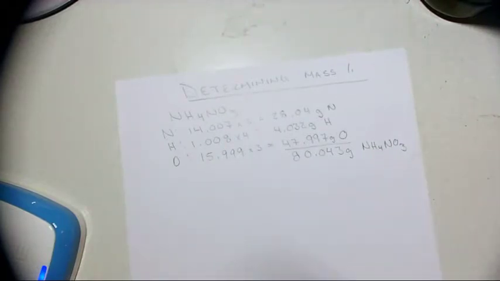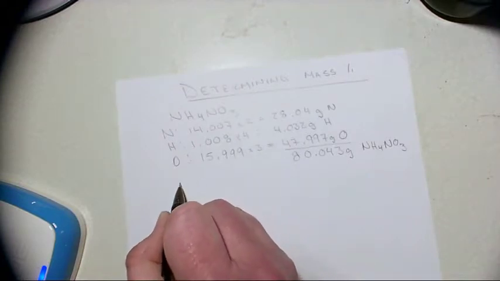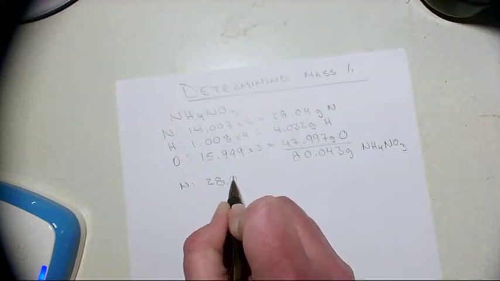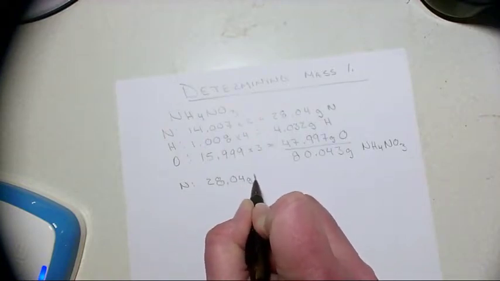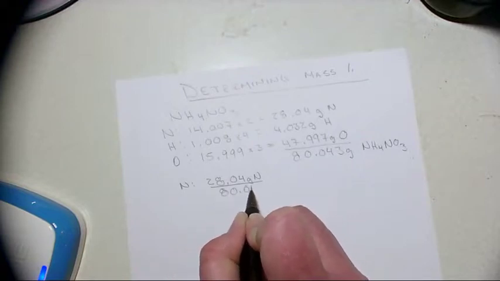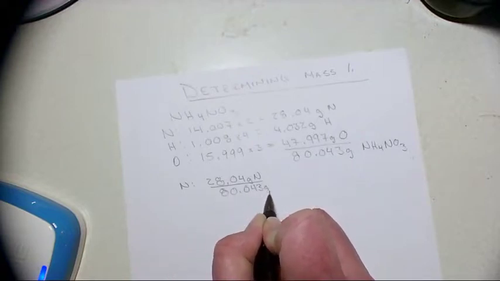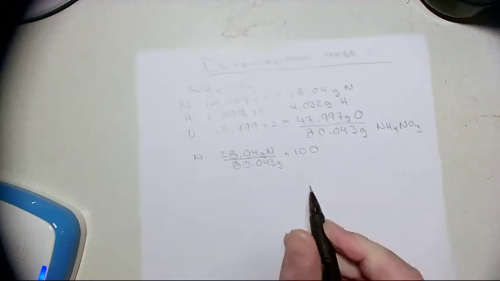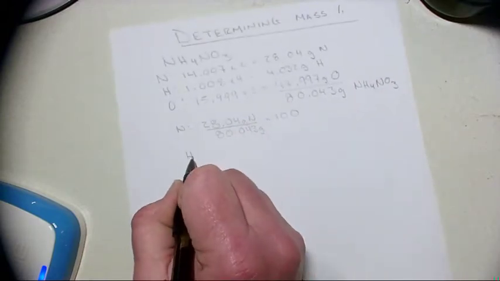So for my percent composition then, nitrogen will be the 28.014 grams of nitrogen divided by 80.043 grams of the whole molecule, and then multiply that by 100. Let's do the same for hydrogen.